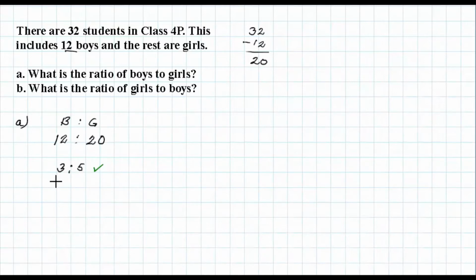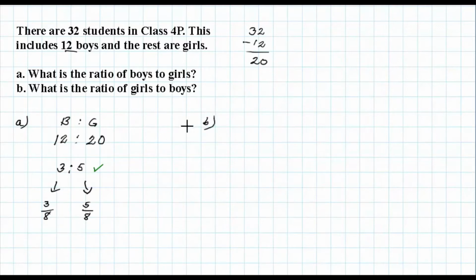So this 3 may be represented as 3 eighths, whereas this 5 may be represented as 5 eighths. How did I get 8 there? I added the 3 and the 5. It's like I'm breaking this thing up into 8 parts: 3 parts boys, 5 parts girls. So we say 3 eighths and 5 eighths. So this is represented as a fraction. Let's get back to our problem.